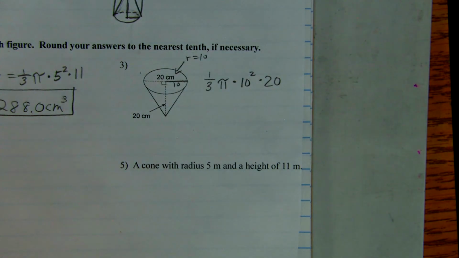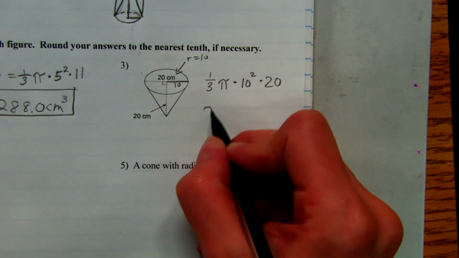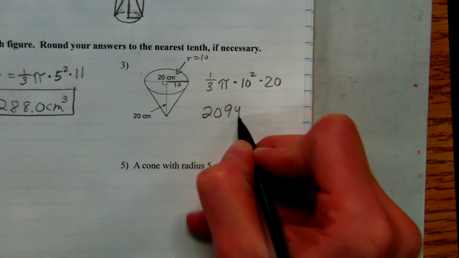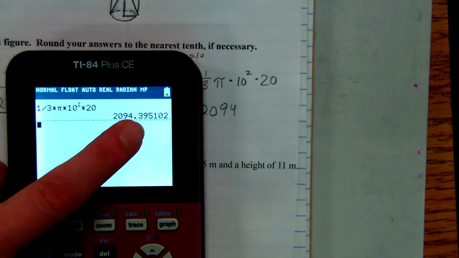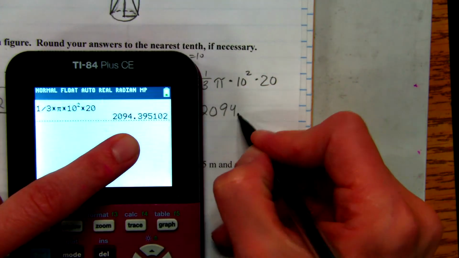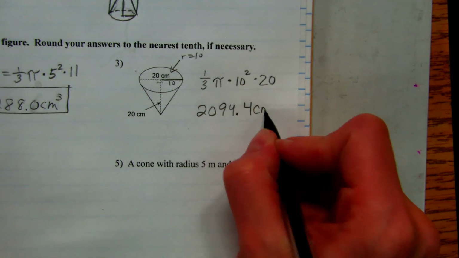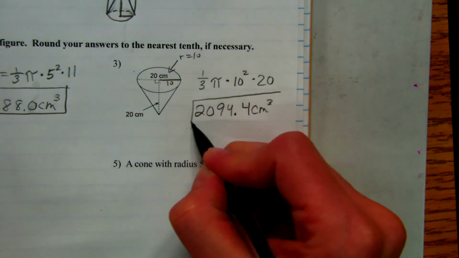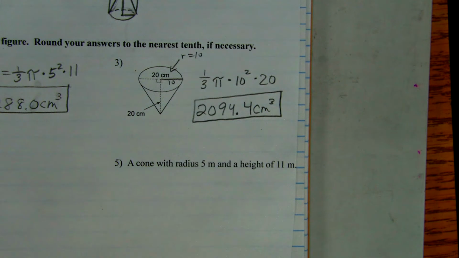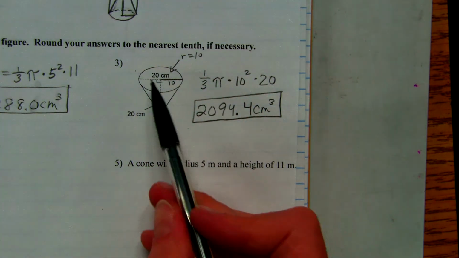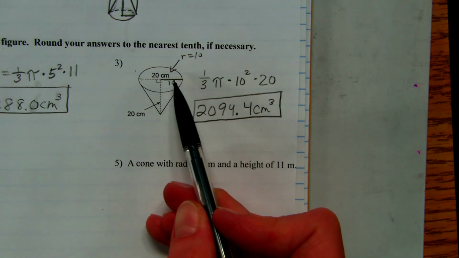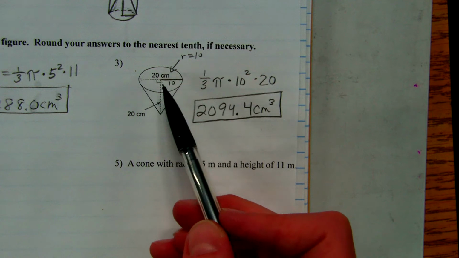So 1/3 times pi times 10 squared times 20 comes out to be 2,094.39. And if we're looking at the decimal, I have 0.39, so I would actually round that up to 0.4. We're measuring in centimeters, so this would be centimeters cubed. Okay? So if they happen to give you the diameter all the way across the circle, remember that you just need the radius, which is halfway.